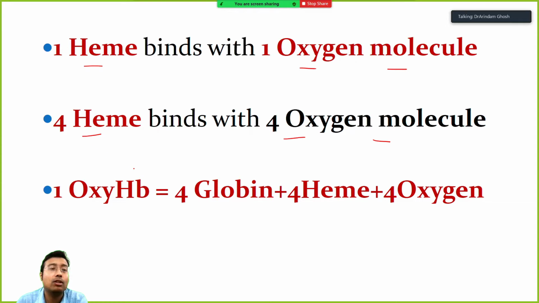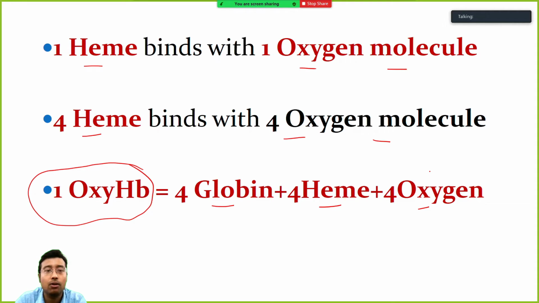So what is one oxyhemoglobin? One oxyhemoglobin is four globin, four heme and four oxygen. Fine, this concept should be very clear.